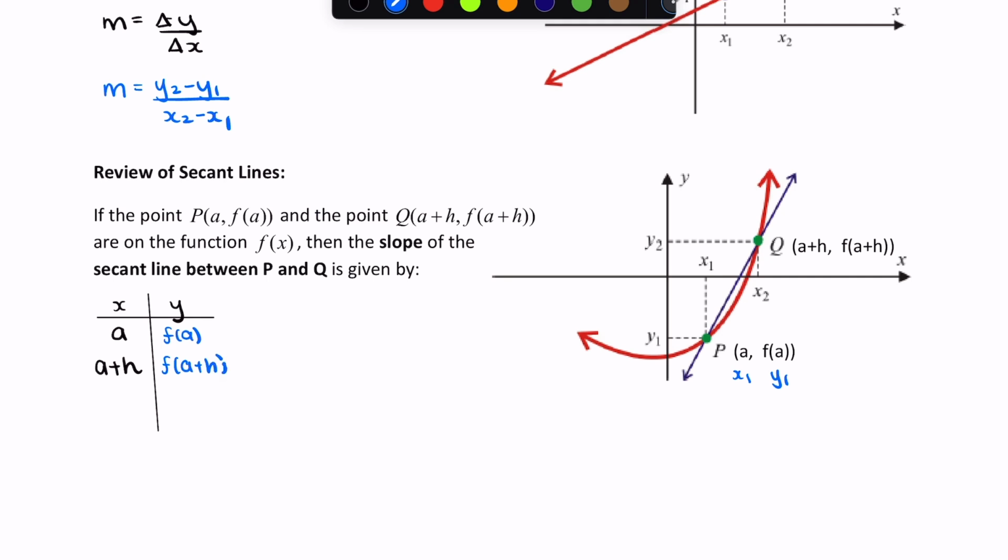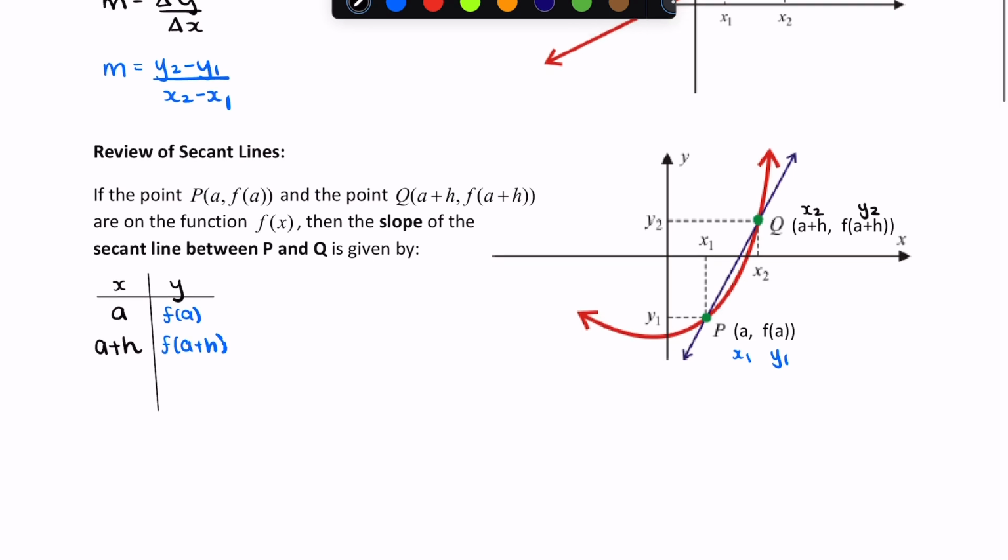And it's a plus h because it's moving positively to the right on the x-axis. And so here we can write that a plus h would be x2, and the function of a plus h will be y2.